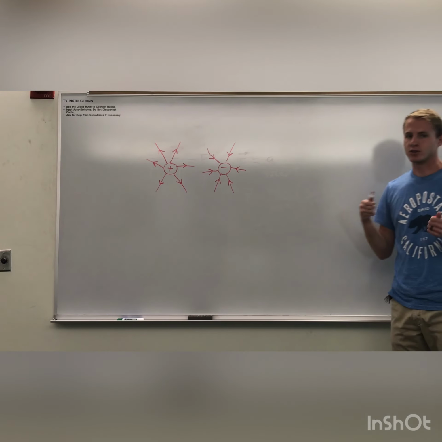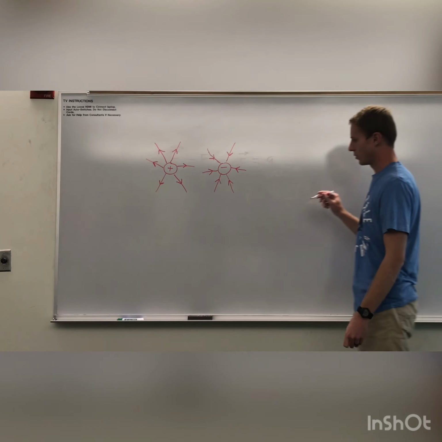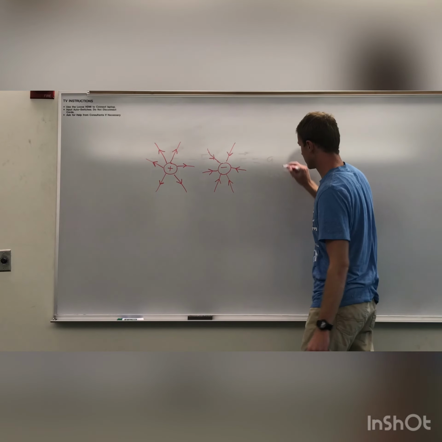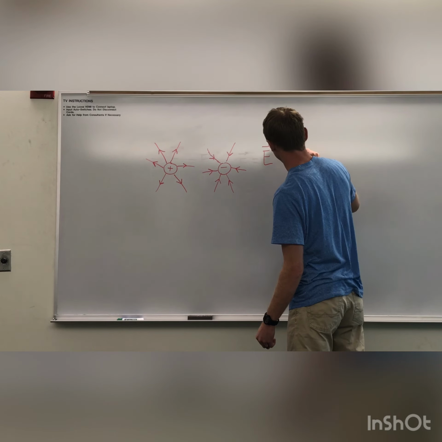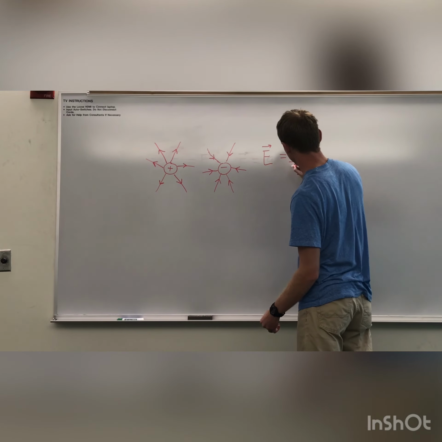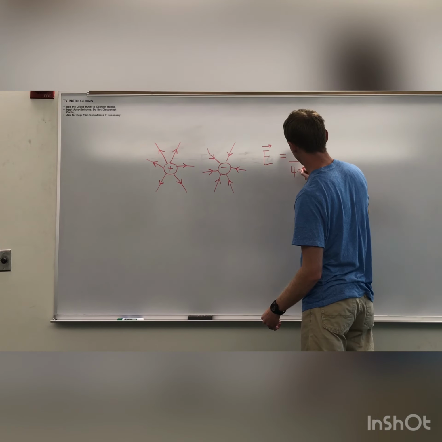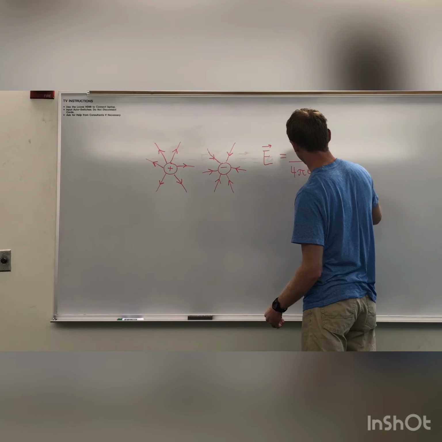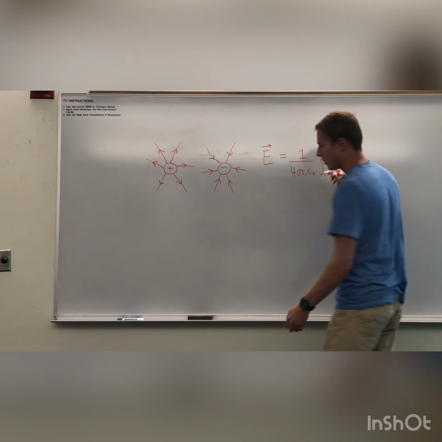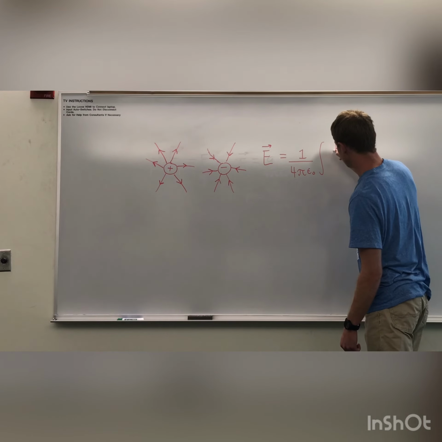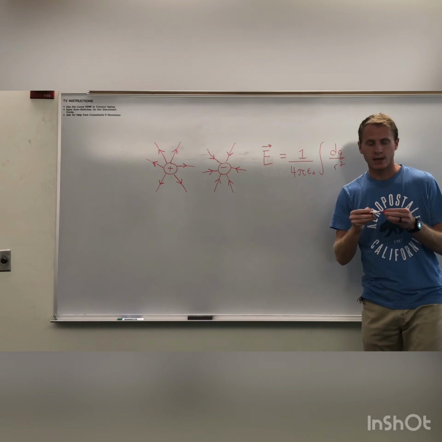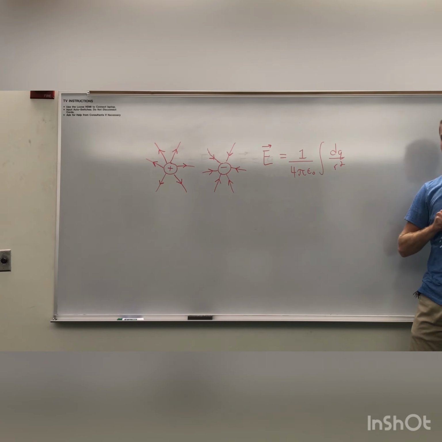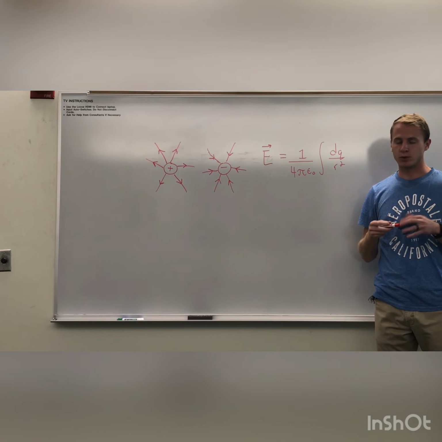Next we'll look at charge densities. So we can write our expression for the electric field as we have our constant out front, 1 over 4 pi epsilon naught, and we can integrate over a charge density dq over r squared. You can have different dimensional charge distributions.